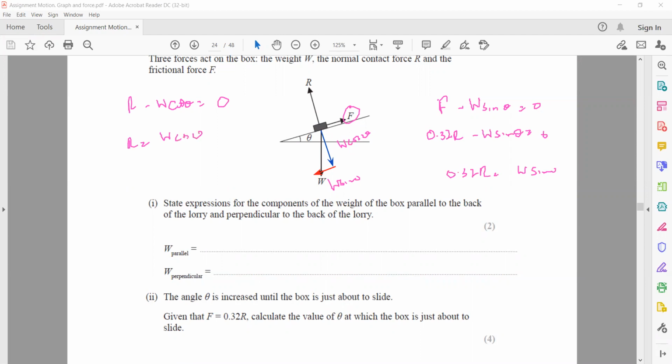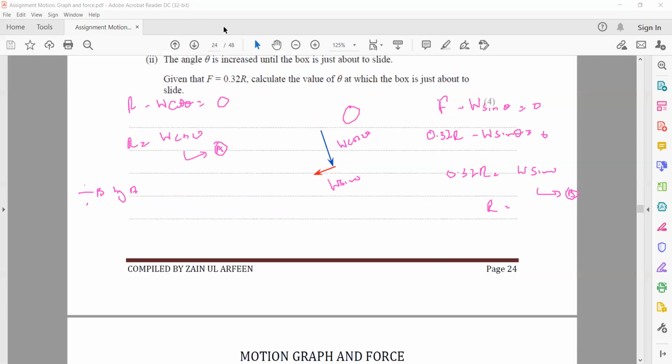So we can divide the two equations, this is equation A and this is equation B. Dividing B by A, 0.32 R over R equals W sin theta over W cos theta.